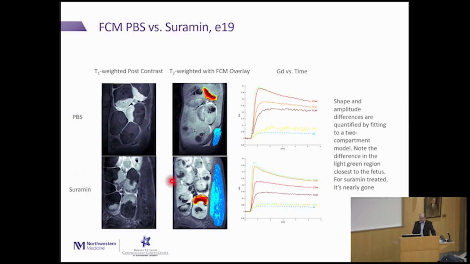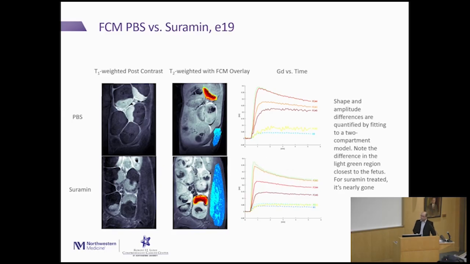So this is PBS treated, and this Suramin is an antivascular agent that mimics preeclampsia. And this blue and light blue is muscle tissue that's used as a reference. You can see it on this trace here and this one here. And these are color-coded to match these traces, and those are in the placenta.